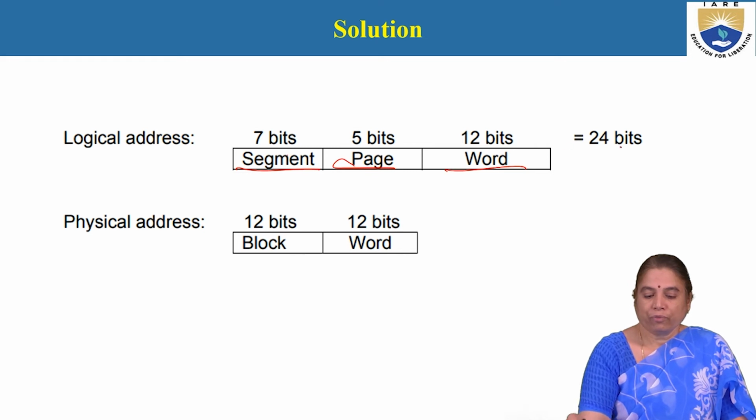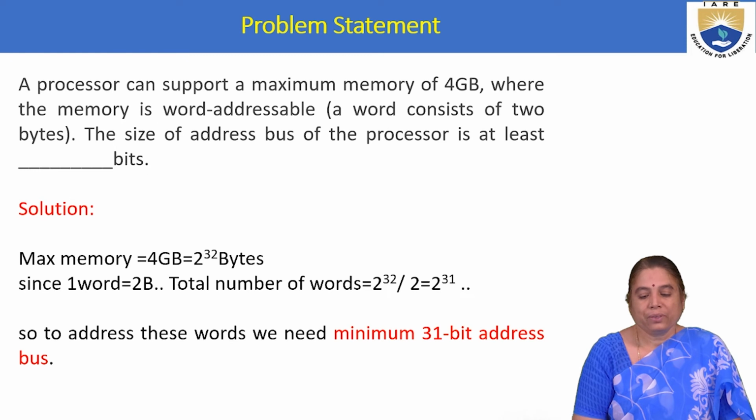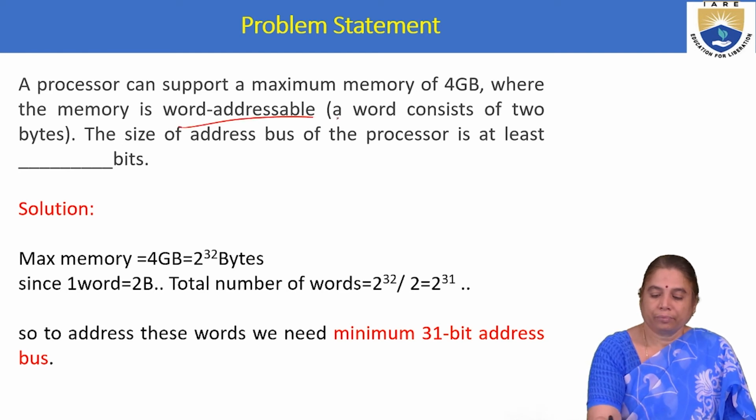So a total of 24 bits is used for the logical address. But in the physical address only the word and block reference are used. So they can be divided into 12 bits.